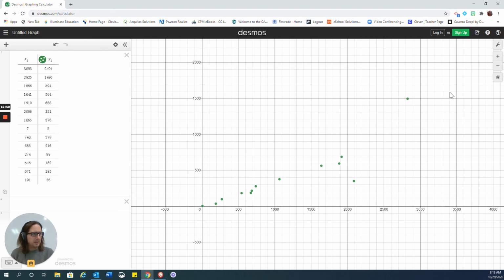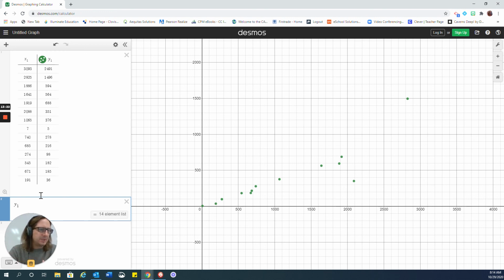I've zoomed out. It looks like the scatter plot that we saw at the beginning of the problem. So what I'm going to tell Desmos is, hey, I want you to make a line of best fit that goes through this one. I want it to make a linear equation, so that's y equals mx plus b, right? Well, my y's up here are y1, so I'm going to say y1.